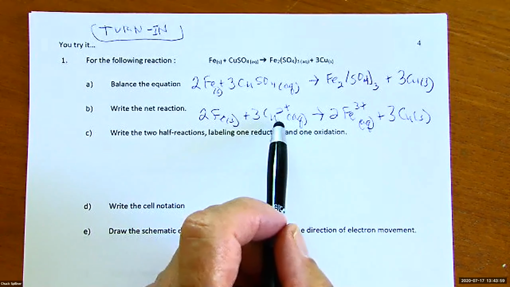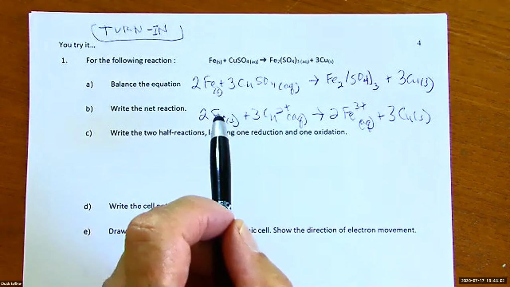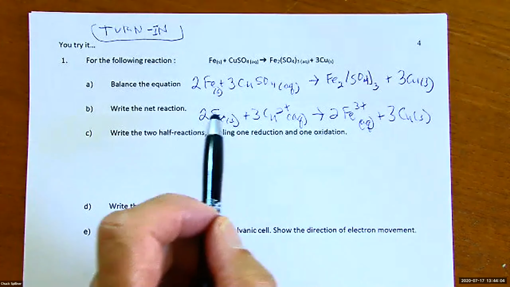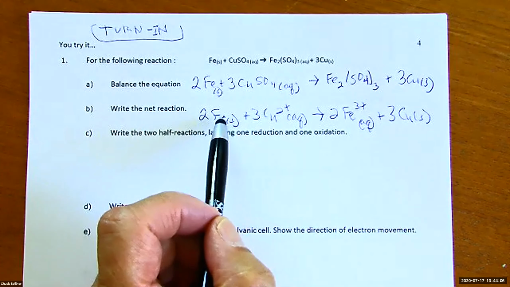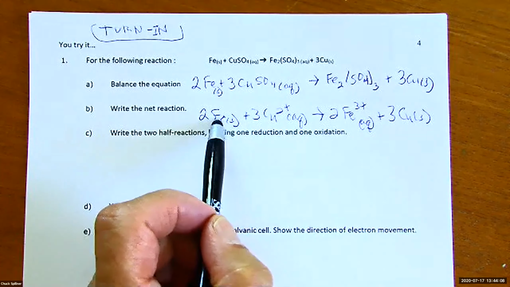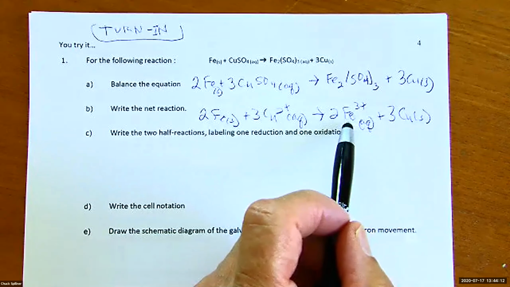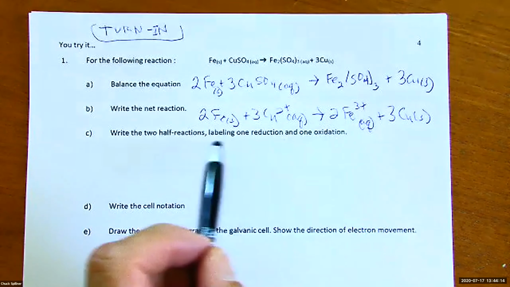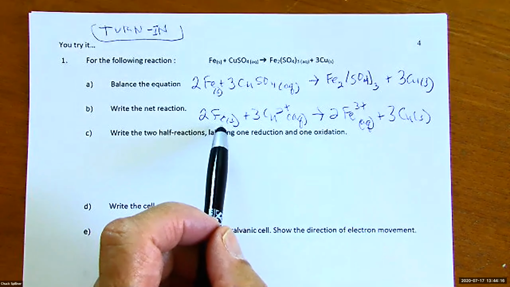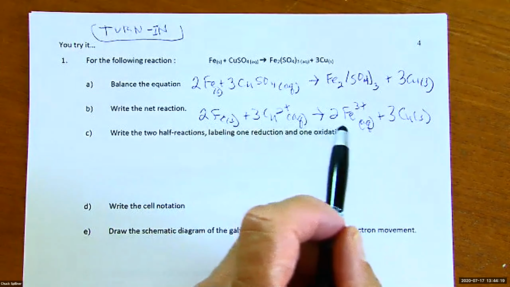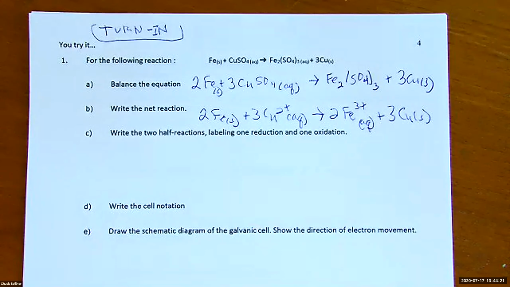So the copper is picking up 6 electrons, and in turn, the iron has to be giving up 6 electrons. That means each iron atom is giving up 3 electrons, because it goes from iron 0 to iron 3 plus. With 2 iron atoms, 2 times 3 gives 6 electrons that the iron atoms are giving up. So in this reaction, we're transferring 6 electrons.